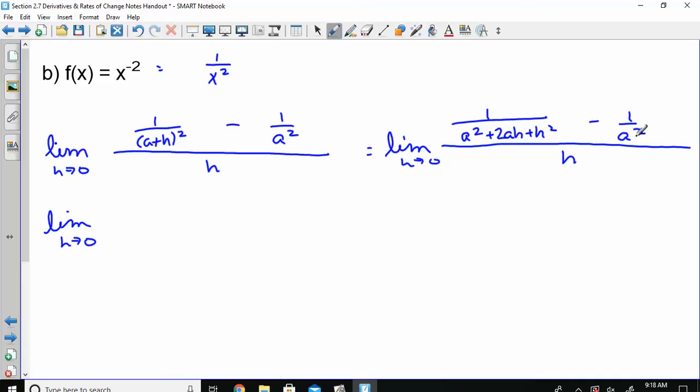So you are going to have to take this first one times a squared and the second one times a squared plus 2ah plus h squared. You do it on both the top and the bottom.